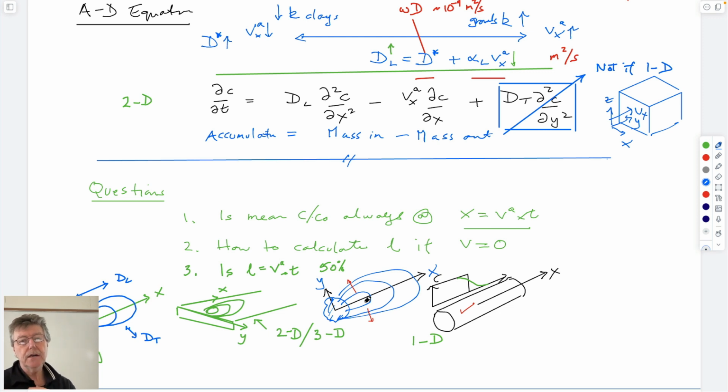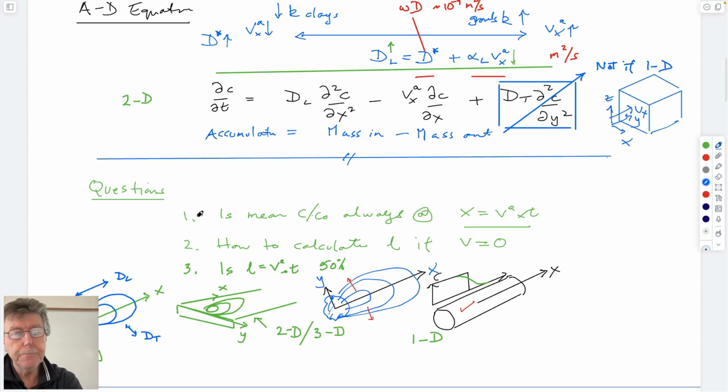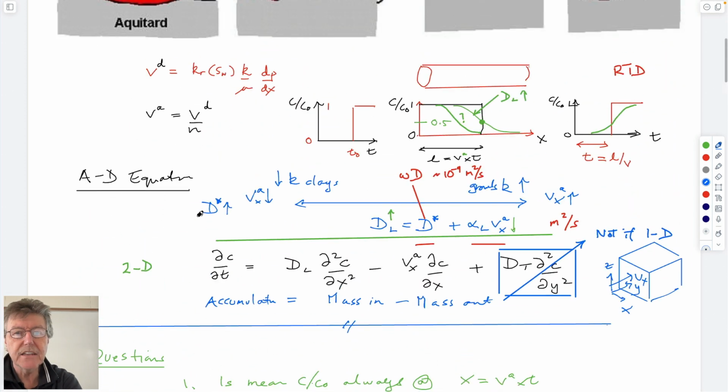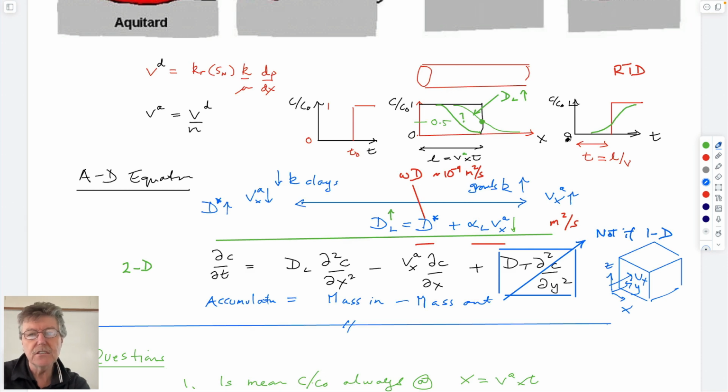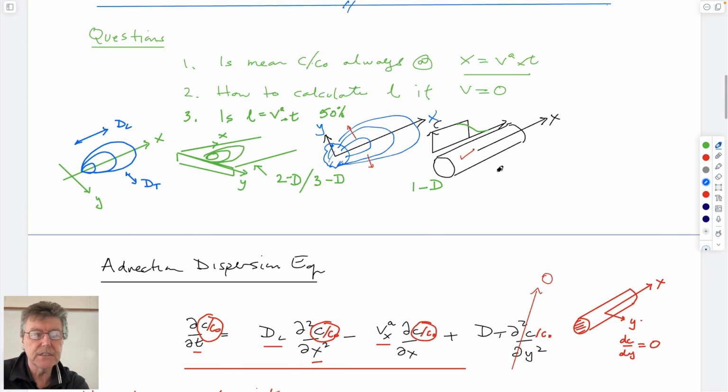And so maybe we'll look first of all at one-dimensional problems. So we're solving this equation first, and then we'll talk about three-dimensional problems later on, or two-dimensional problems, where we do need this extra term. And so let's look at this expression. Again, we're not going to solve it from first principles, but we have to understand exactly why it looks like this and how we can use these equations.